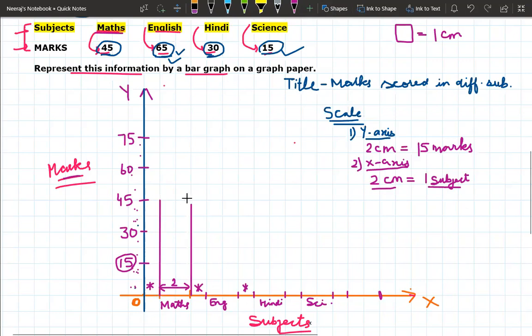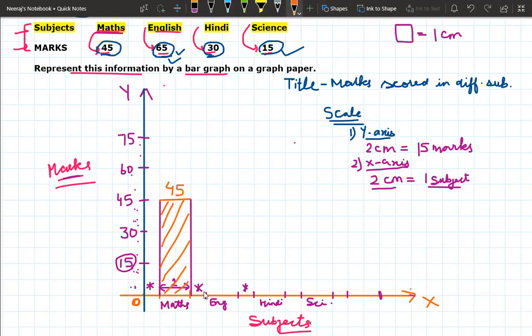So we have to draw a bar of the number 45. You can shade it with a different color also, and at the top you have to write the number 45. So here I have represented that he has scored 45 marks in maths.